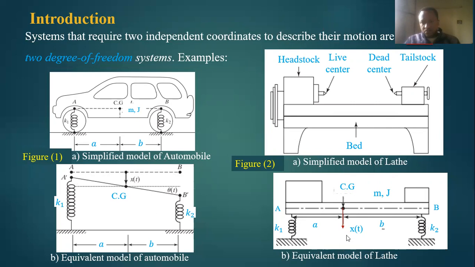So x of t is there. We can also represent two coordinates like x1 and x2. That means the node A to A prime is taken as x1, and the node B to B prime is taken as x2. On that, we can also represent this lathe bed.